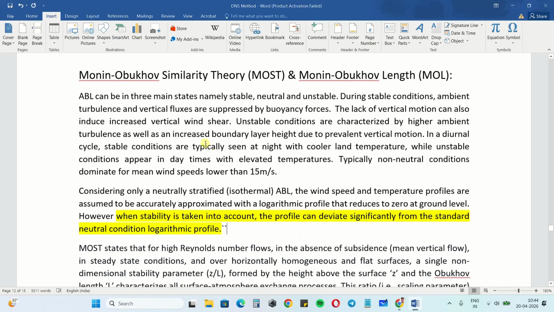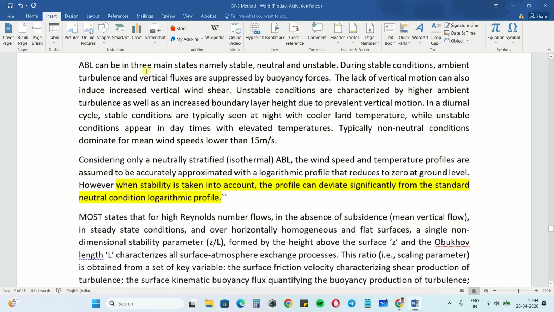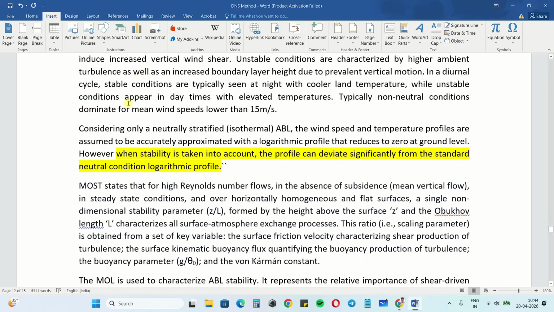Okay, so another theory that we want to look at is the Monin-Obukhov similarity theory and the Obukhov length. So when we worked with the neutral atmospheric boundary layer, we had wall functions and that approximated a perfectly logarithmic profile. But when you have stability taken into consideration, the profiles deviate from logarithmic behavior, and to account for that, this theory is used.